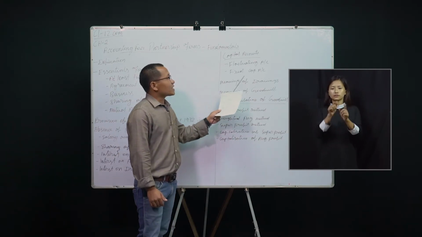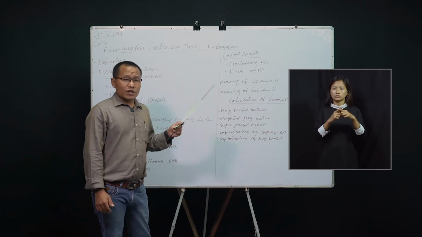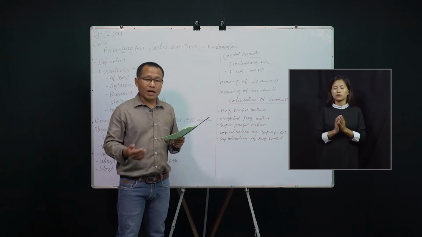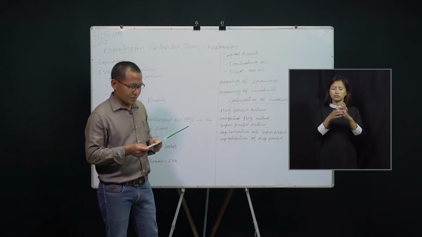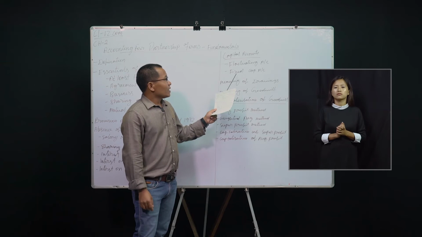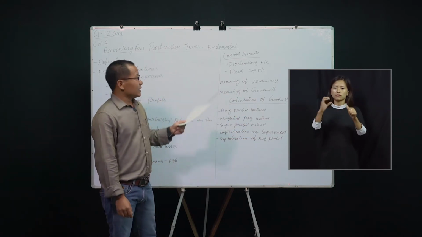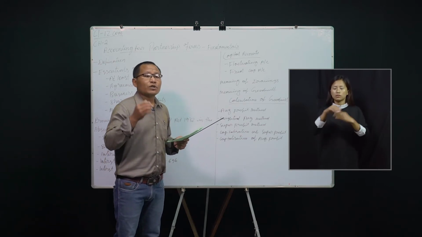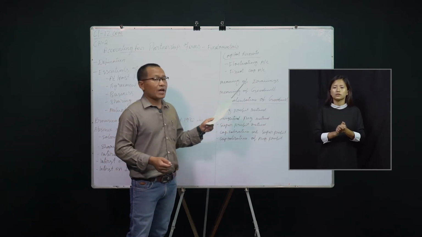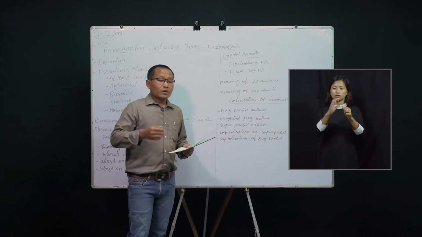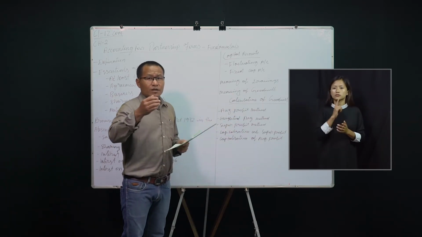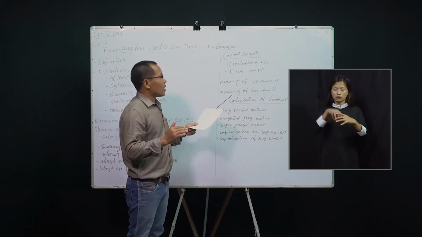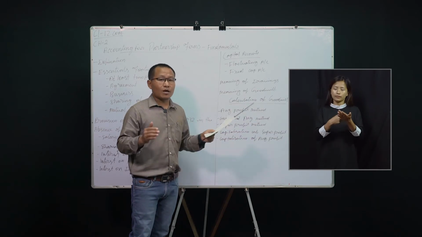Next, we have the fixed capital account. Under this, we prepare two accounts, that is the capital account and the partner's current account. Unlike the fluctuating capital account, only the introductory capital or withdrawal of capital is recorded in the capital account.